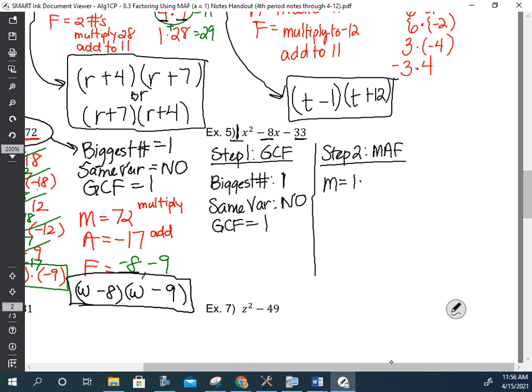So M is the last term. That's negative 33. A is the middle. That's negative 8. So we need two numbers that multiply to negative 33 and add up to negative 8.